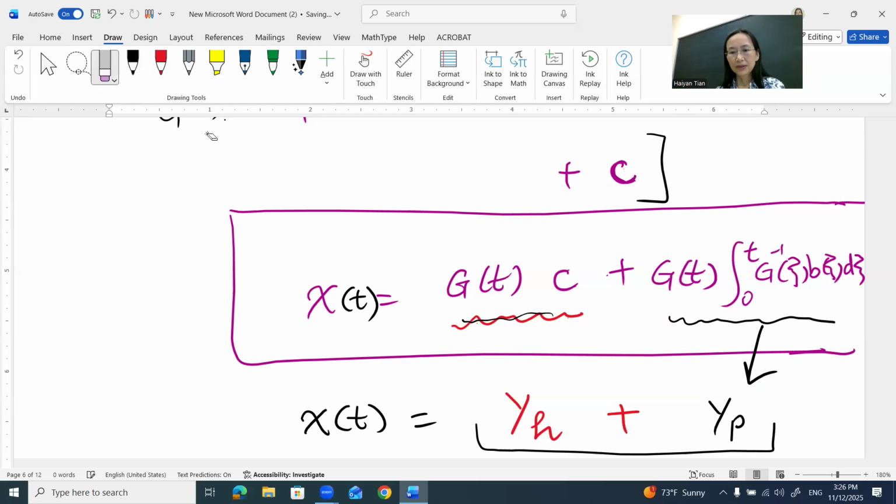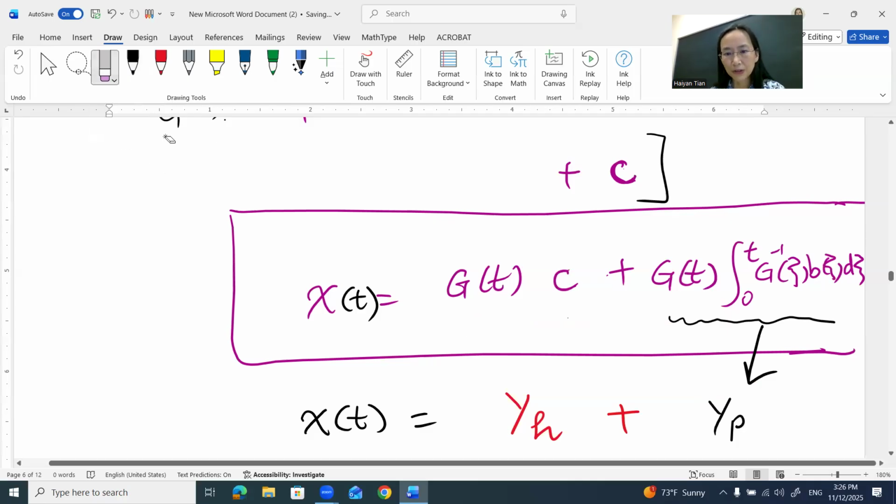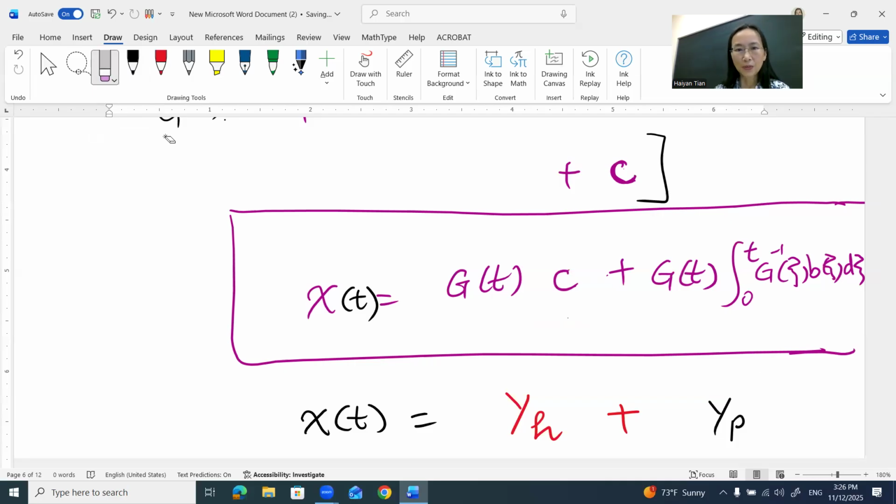So that is the meaning of this representation formula for our non-homogeneous case. This formula gives a non-homogeneous solution, and it's a general solution.